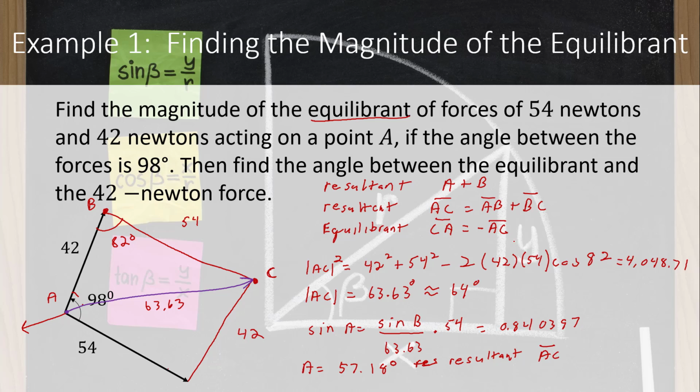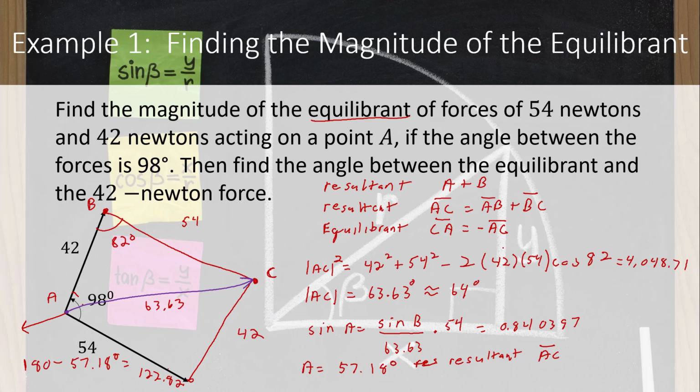So the angle of the equilibrium will be 180 minus that. So the angle of the equilibrium, this angle, is going to be 180 minus 57.18 degrees. And that will give us 122.82 degrees.